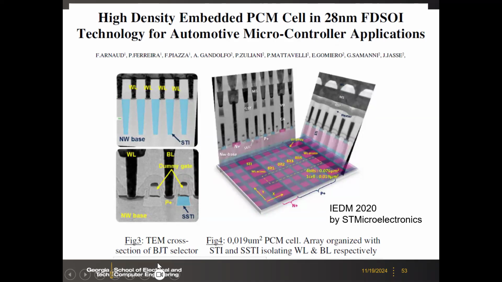So I believe here they use BJT, as I mentioned earlier, BJT as the transistor for the 1T1R. And here are some nice images along the bit line direction, along the word line direction. Okay. And then the cell size is 0.019 micrometer square, 1T1R.